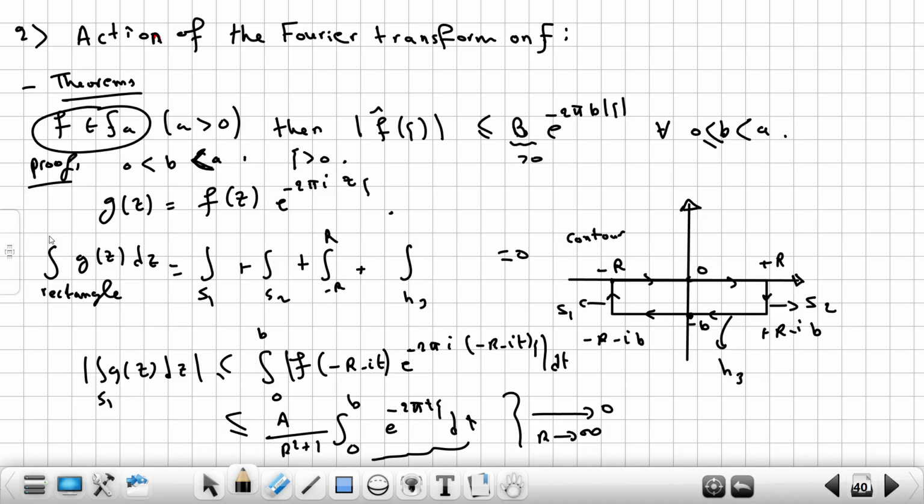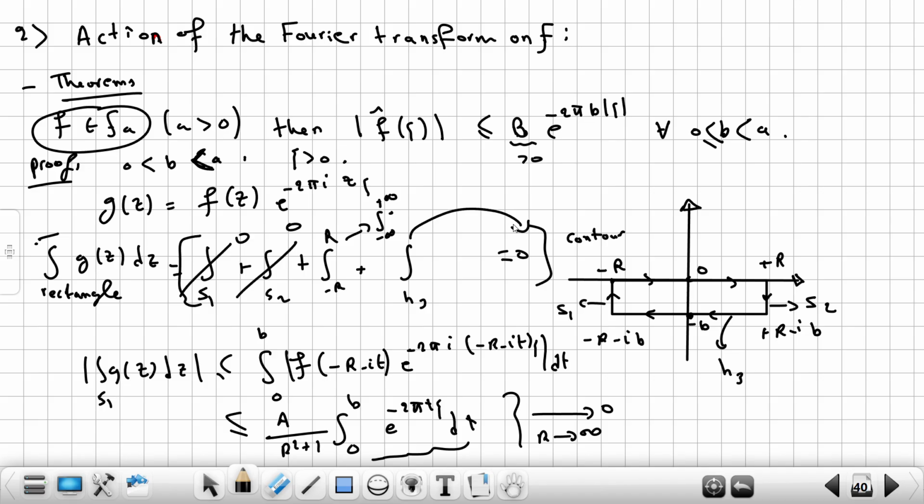So here, let R go to infinity: this integral vanishes, this integral vanishes, and this integral becomes the integral from minus infinity to plus infinity of the function g of x. So this is the Fourier transform f hat of psi.